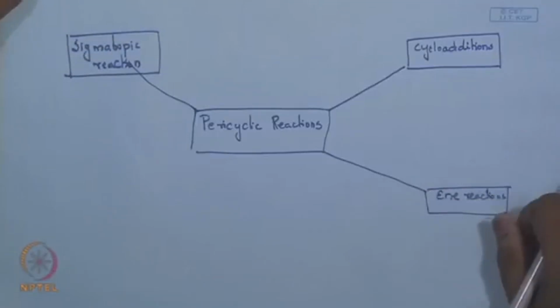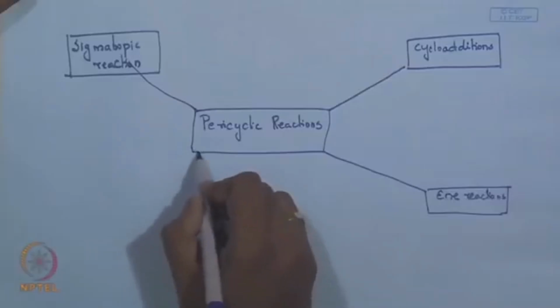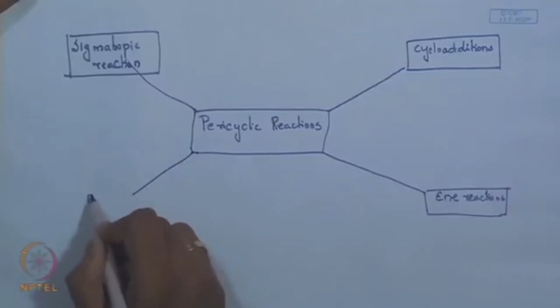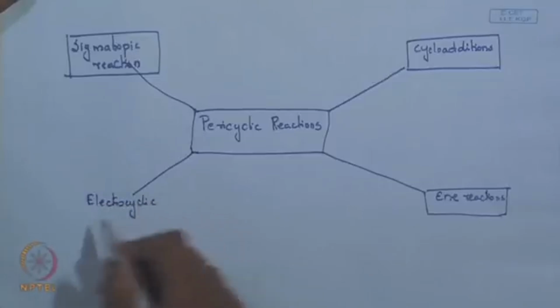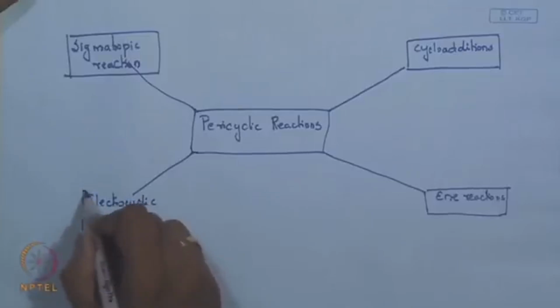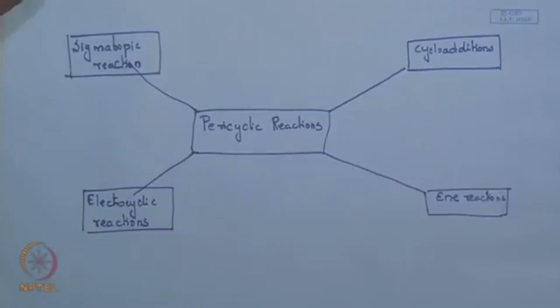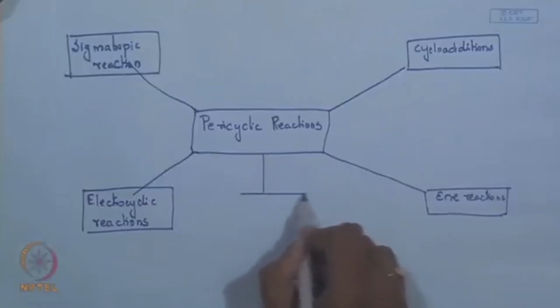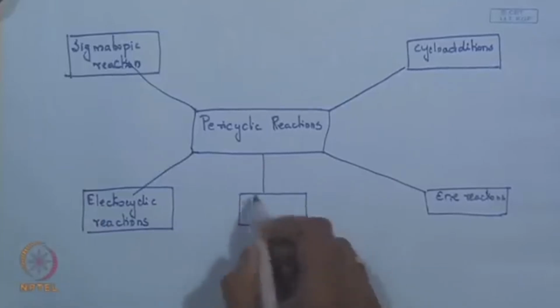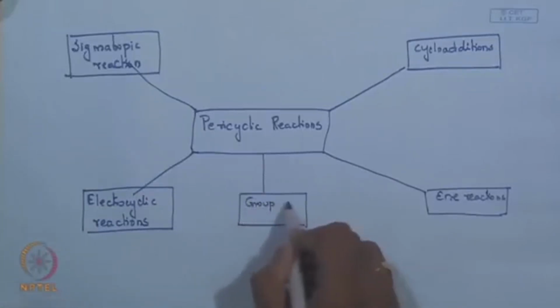Now, what we have to do is try to understand other classes of important reactions. One of them, which you have already known, is electrocyclic reactions. Once we study electrocyclic reactions, we will slowly move to group transfer reactions.